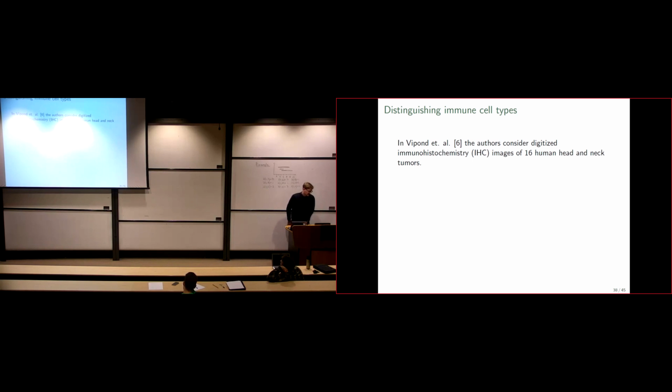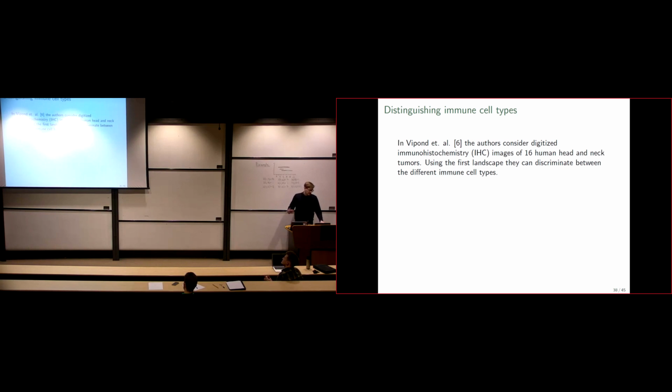So they looked at digitized immunohistochemistry diagrams of 16 human head and neck tumors, and they used these multi-parameter landscapes to be able to distinguish these cell types. They did this by translating these cells into a point cloud, and then using clustering, with the Euclidean distance and density, and computing the persistence landscape of this.